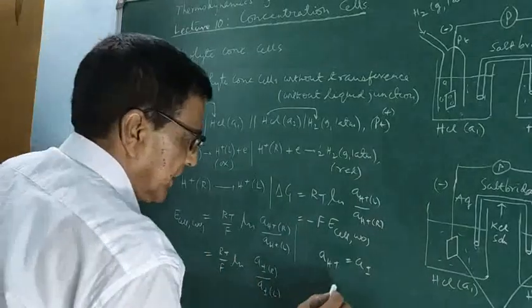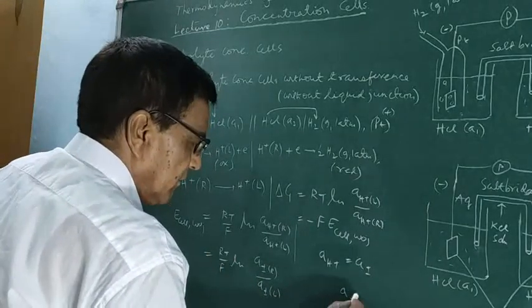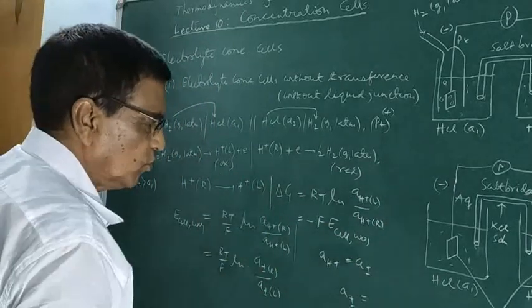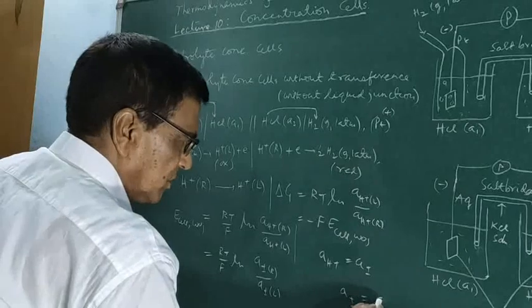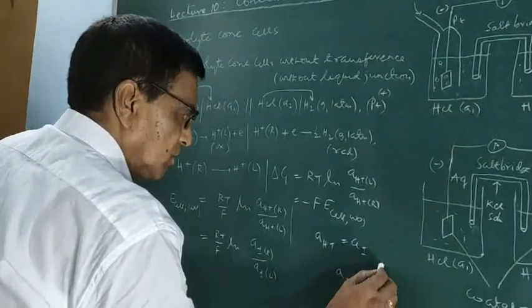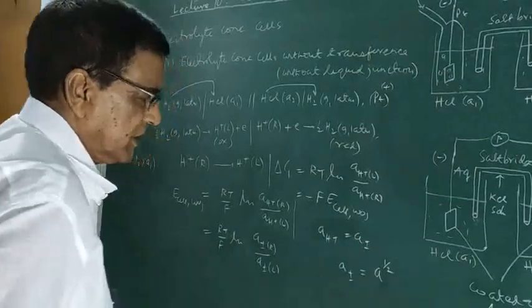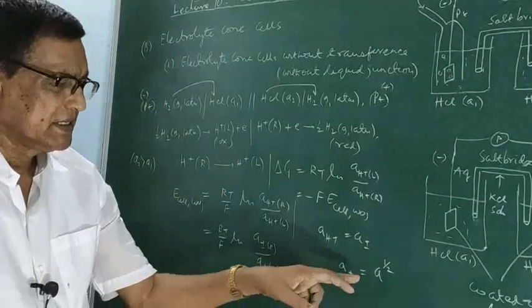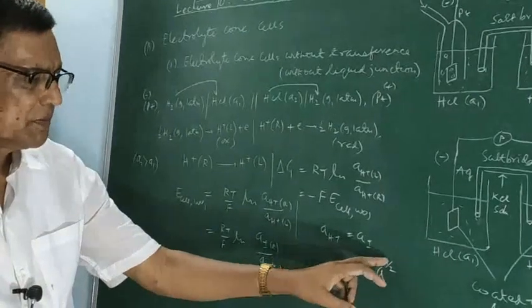And this A plus minus for hydrochloric acid, which gives 2 ions, is A to the power half. The mean ionic activity for hydrochloric acid is the activity of hydrochloric acid to the power half.